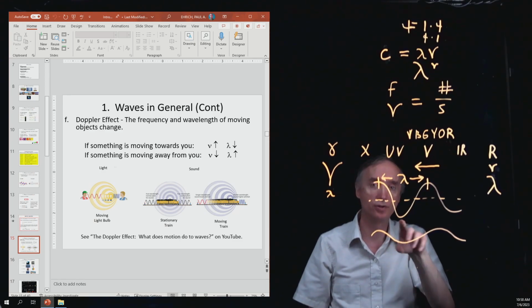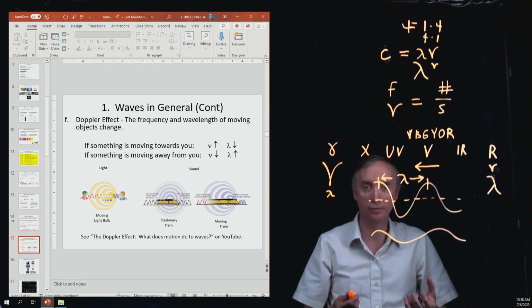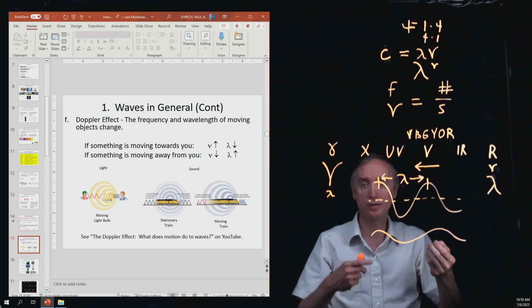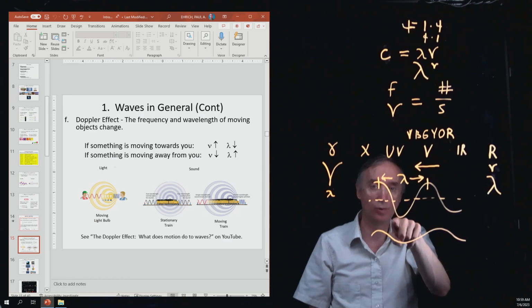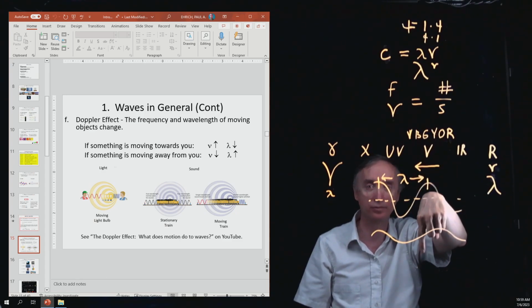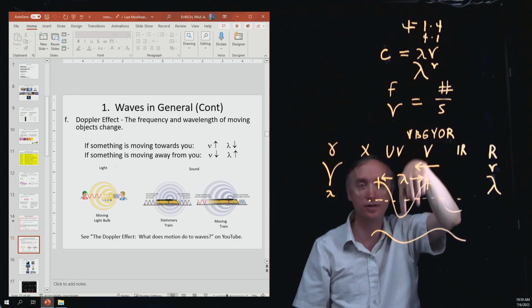But also notice something else, because on the exam I may not word it that way. I might say, if something is moving towards you, what happens to the wavelength? The wavelength is going to go down. It's the exact opposite: if the frequency goes up, the wavelength goes down.